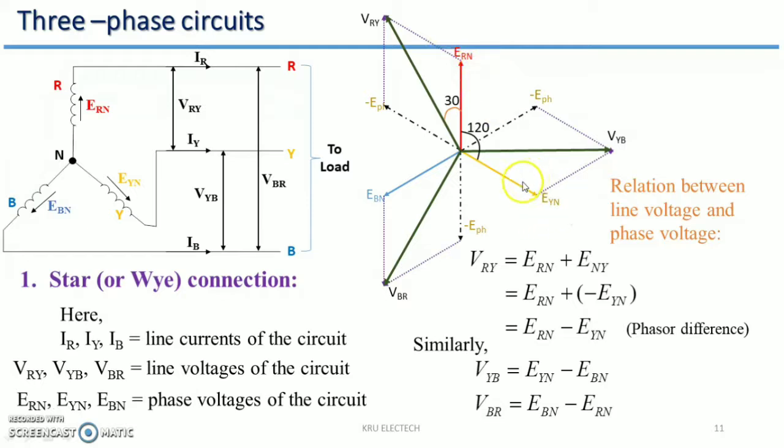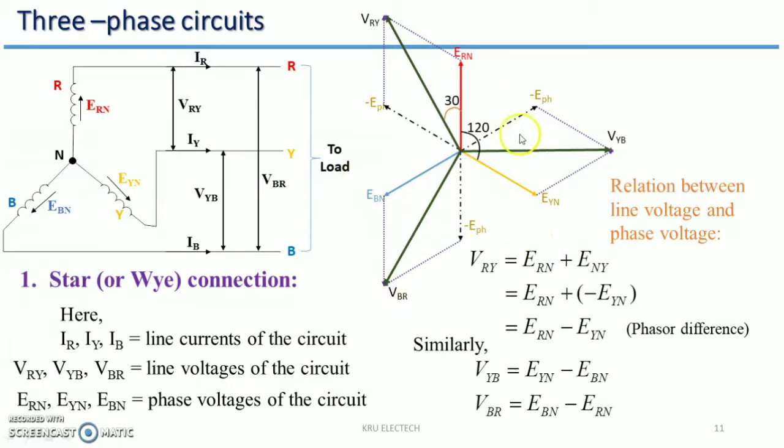Here is the Y phase voltage, and the last one is the B phase voltage. If you do not want to write the neutral, it is still the phase voltage. This is the R phase, this is the Y phase, and this is the B phase voltage.